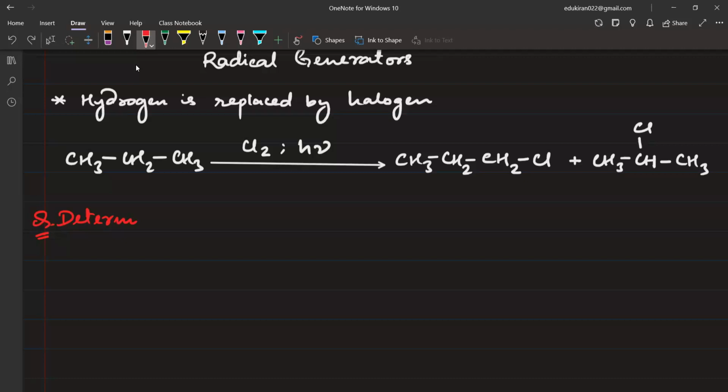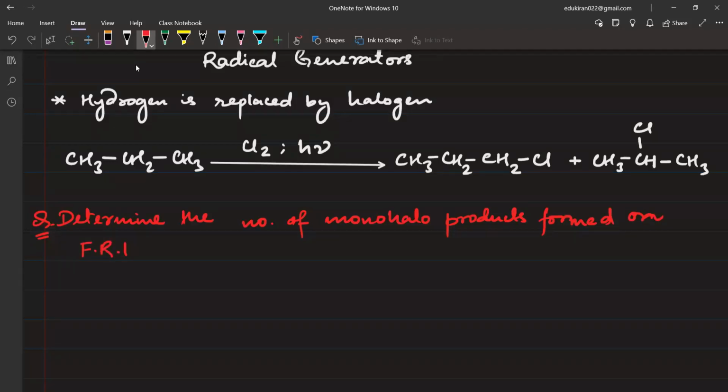Write the question: determine the number of monohalo products formed on free radical halogenation of the following.